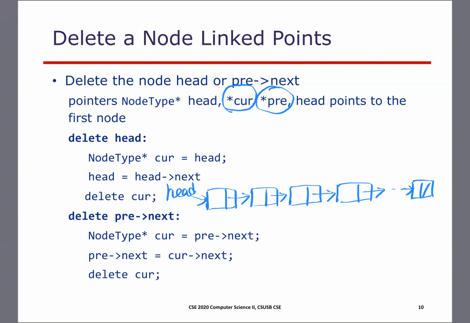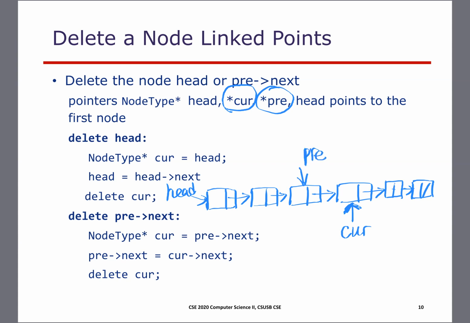Now we need two pointers, current and previous. If we want to delete this node, the current points to the node we want to delete. So we need to know the address of the previous node.